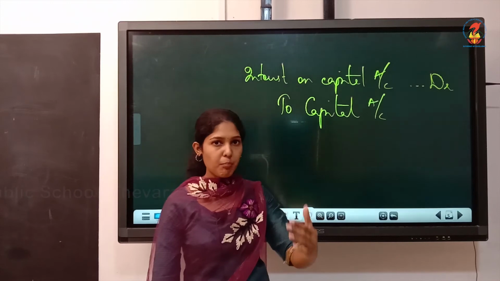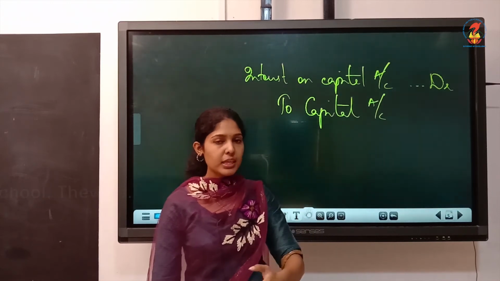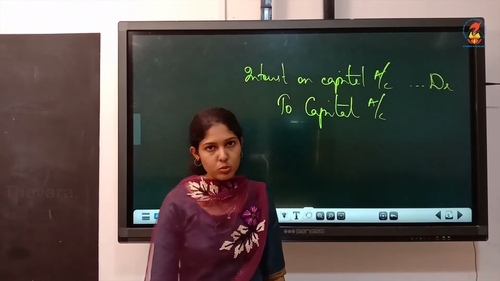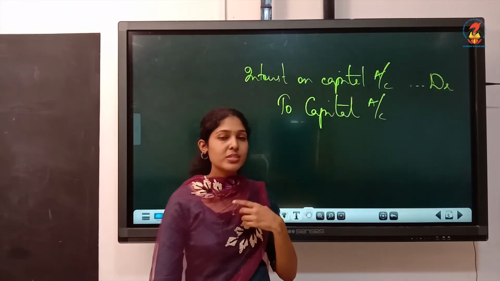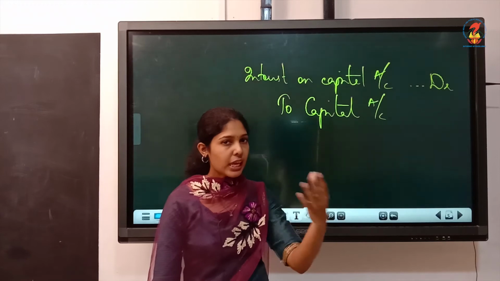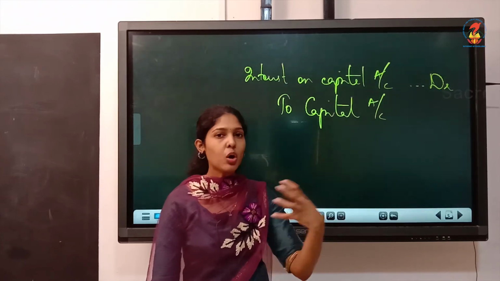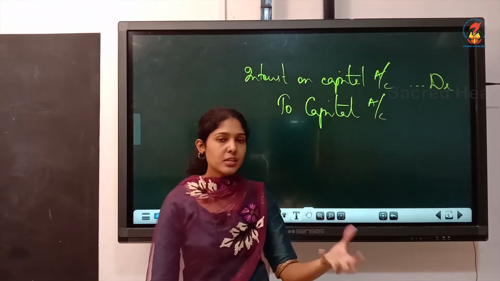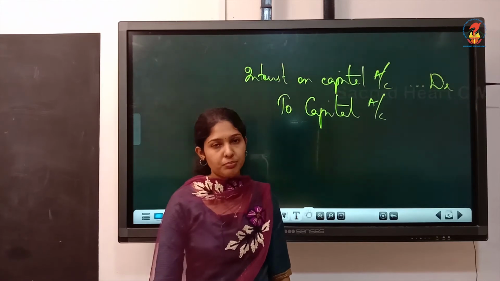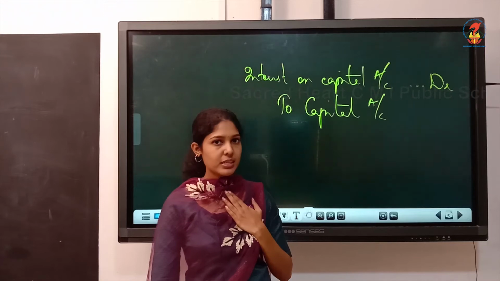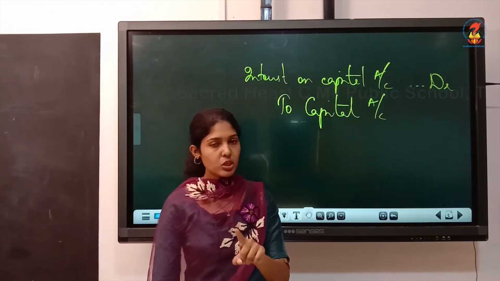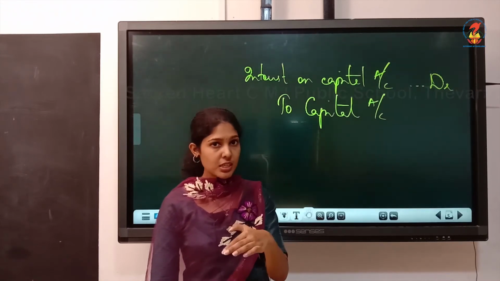Drawings means amount or goods withdrawn by the owner for his personal use. So on that amount we are charging. What's the meaning of charging? We are taking amount from the owner. I mean we are charging interest on that amount withdrawn. So from firm's point of view, this interest is something which we are getting. It's an income. Understood? I didn't say like received interest on drawings.